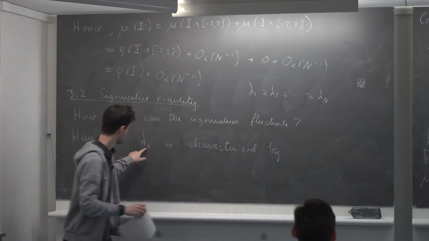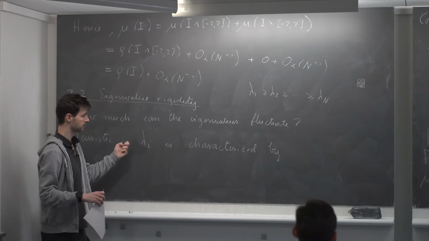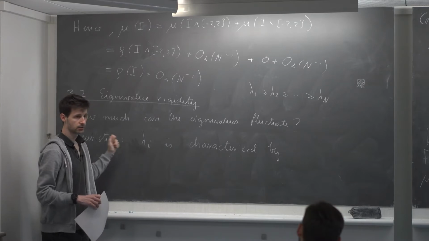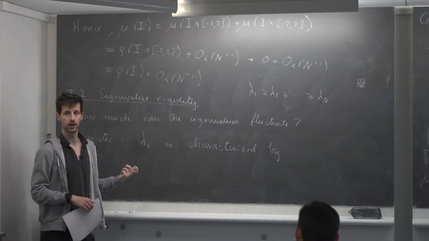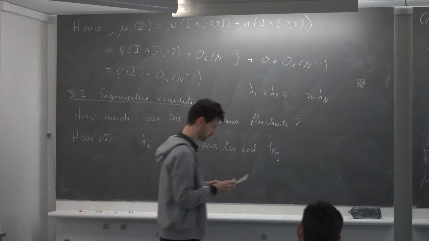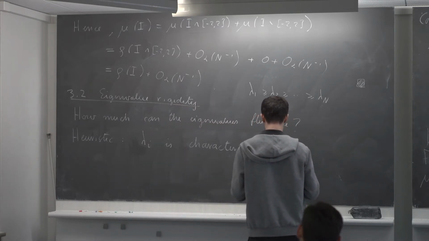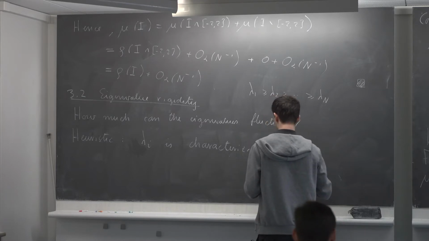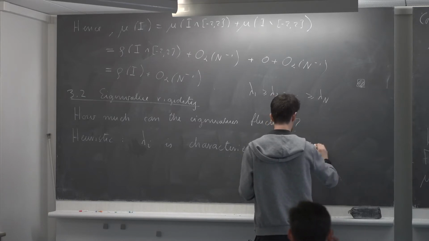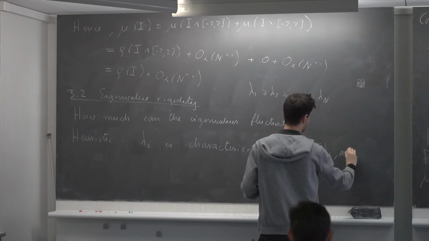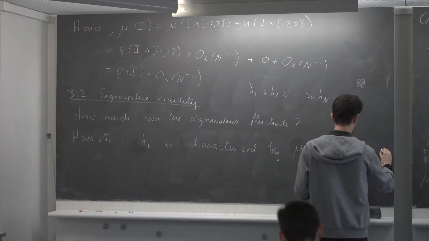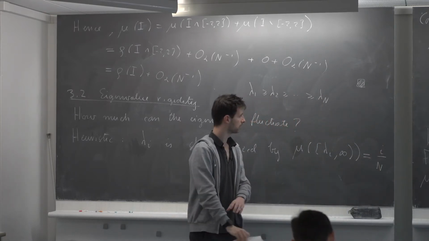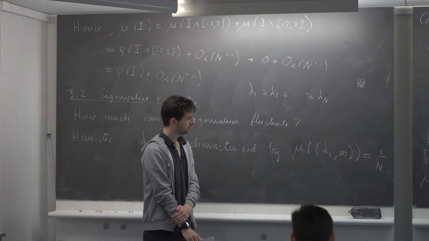Good. So this eigenvalue is characterized by the following thing. So this is the ith largest eigenvalue. What does it mean? It means if you take the empirical eigenvalue measure and you integrate it from lambda I to plus infinity, you will get a mass equal to I over n. This is characterized by mu, so I include the lambda I. In fact, this is not a unique characterization.